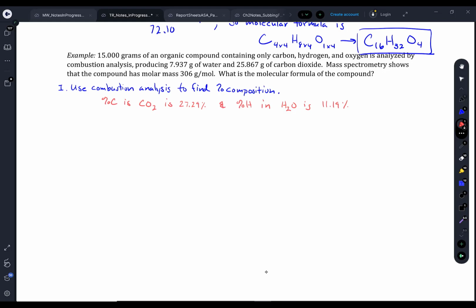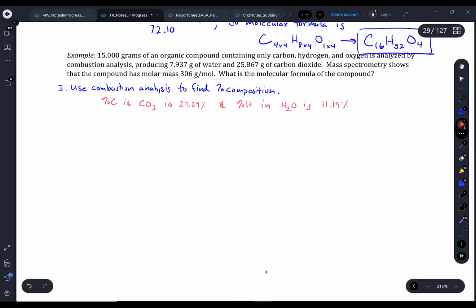It tells you the amount of carbon in your original sample. Because remember, when you do combustion analysis, all the carbon in your mystery compound ends up in the carbon dioxide, and all the hydrogen in that compound ends up in the water. So this will make life easier for us when we're trying to find out how much carbon and hydrogen are actually in the compound.